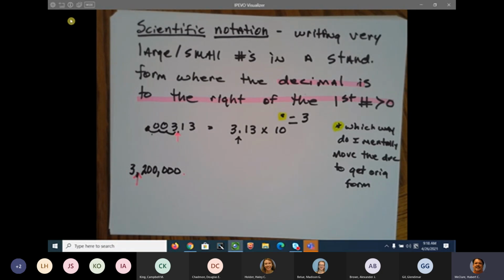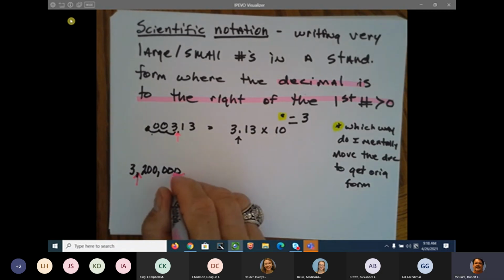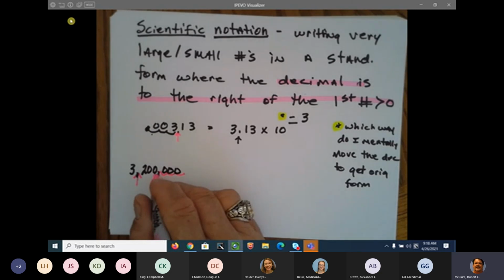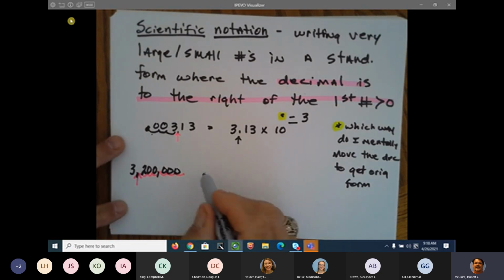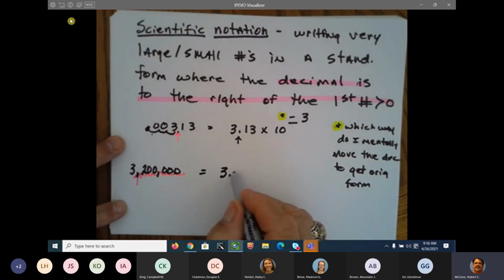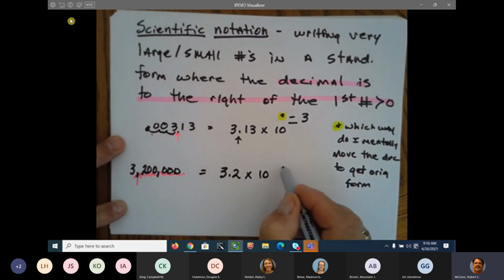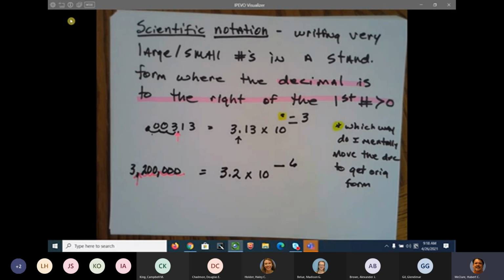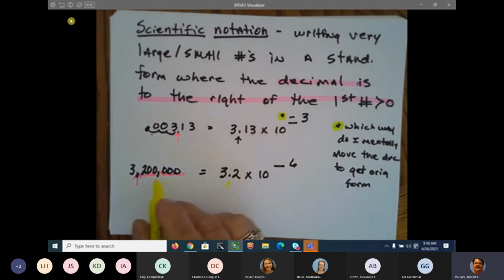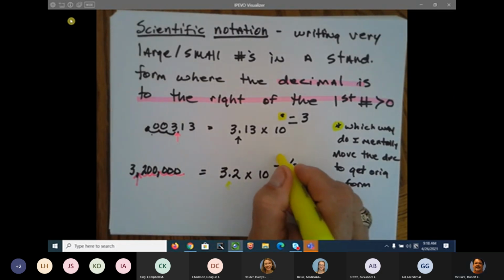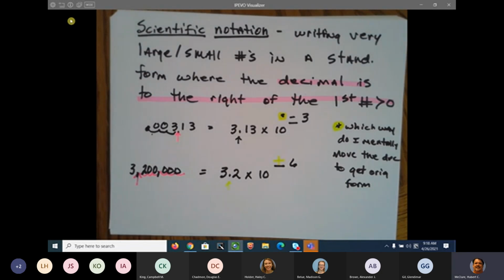So I'm going to move the decimal 1, 2, 3, 4, 5, 6. So I'm going to rewrite this as 3.2 times 10 to the 6. And now I'm going to ask myself, which way do I move this decimal to get back to the way it was? To the right. So that's going to be a positive.